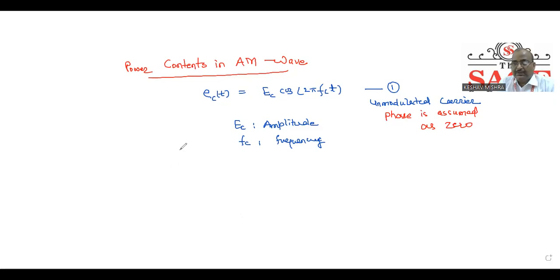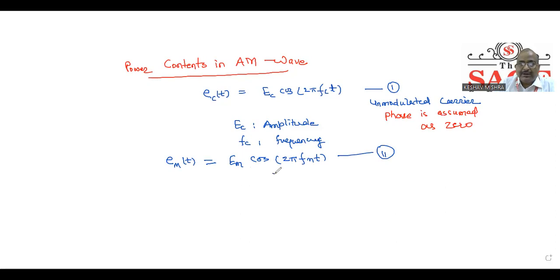And consider another signal, that is the information containing signal or baseband signal, also known as the modulating signal, which is also sinusoidal. So this is Em cos 2 pi fm t. This is equation number 2, representing the modulating signal.